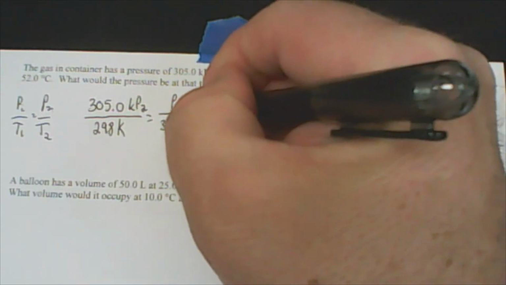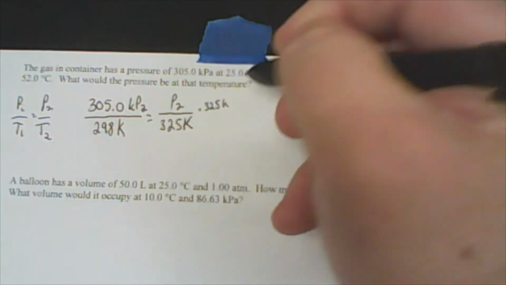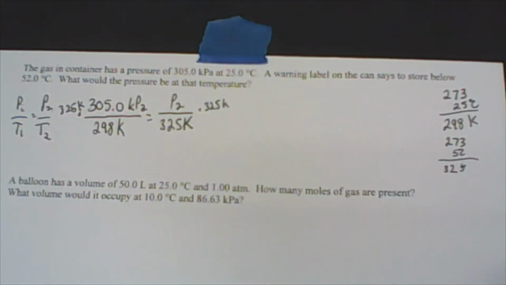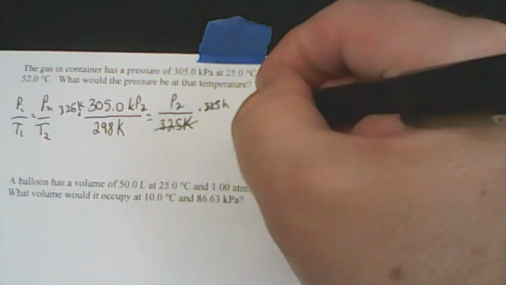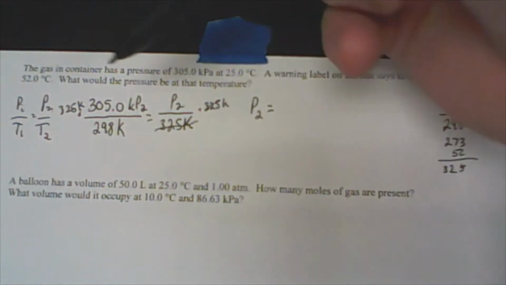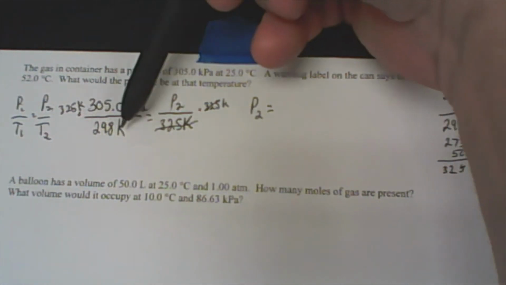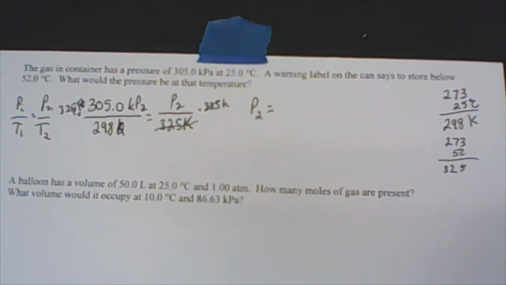Well, I multiply both sides by 325 Kelvin. So when I do that, it cancels out on this side. Pressure 2 equals 325 Kelvin times 305 kPa divided by 298 Kelvin. My Kelvin temperatures cancel out.